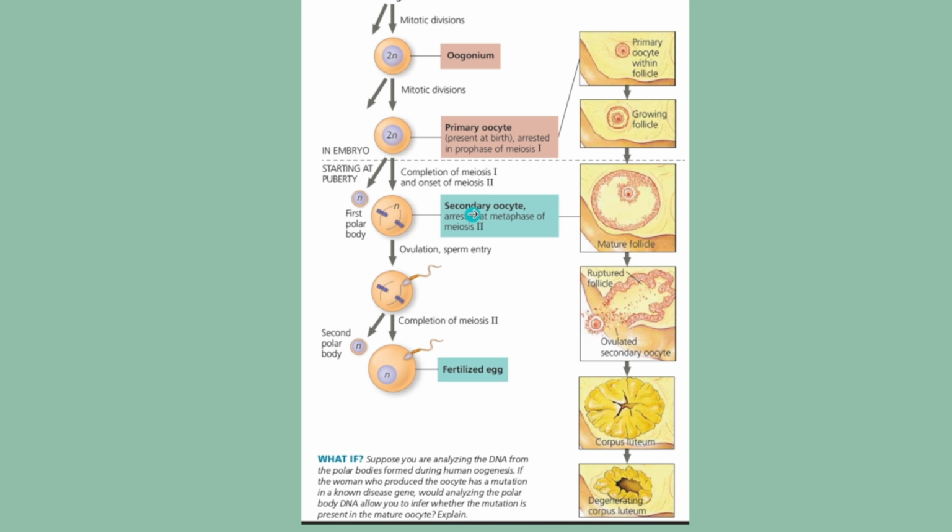After that, the secondary oocyte starts to go through meiosis 2, but it will stop at metaphase 2. Meaning that during the secondary oocyte, they will undergo prophase 1, prophase 2, and then metaphase 2. Once it completes metaphase 2, it is arrested there.